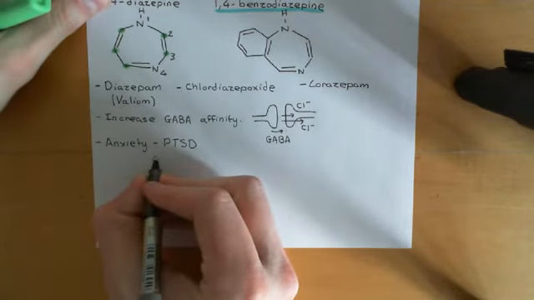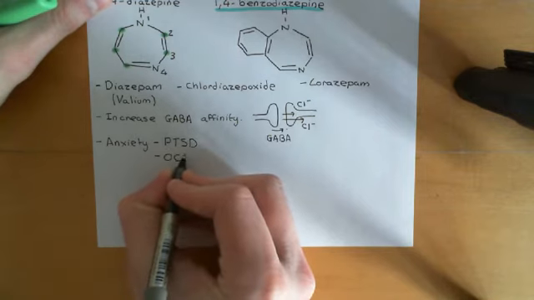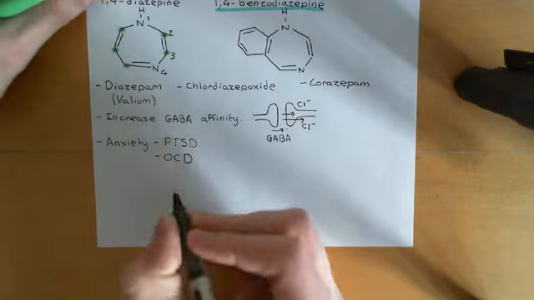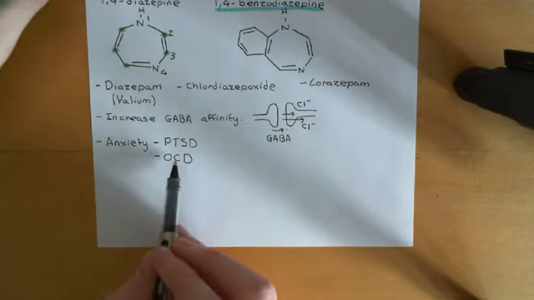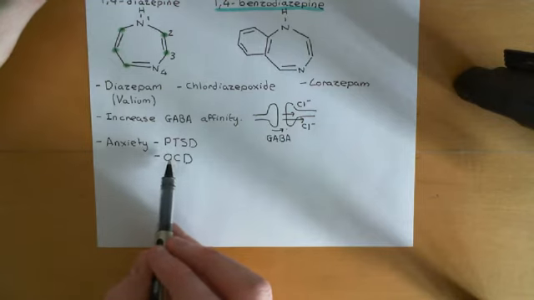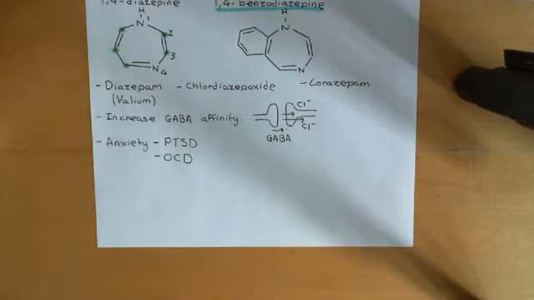Another form of anxiety is OCD, which is obsessive compulsive disorder. In obsessive compulsive disorder you have obsessions which then lead to compulsions, and if you try to resist the urge to do the compulsion, you then get a fear attack being initiated.